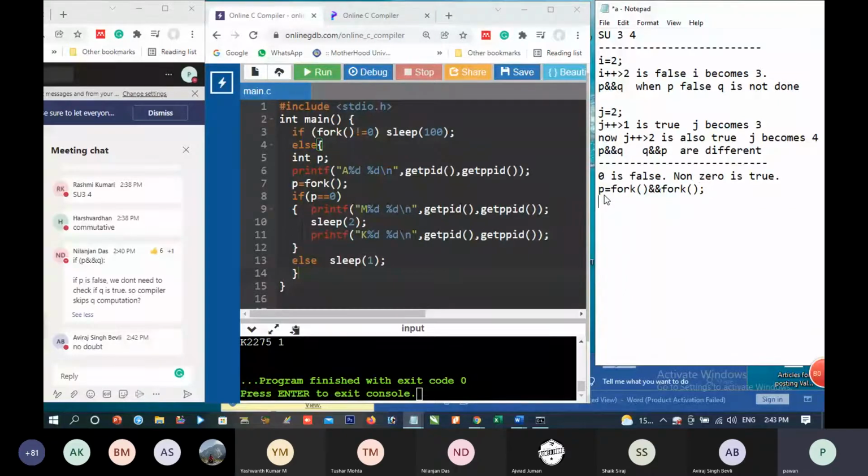First fork creates... suppose initially there was a main. First fork makes a child. In the child, the value returned is 0. So entire P becomes 0.